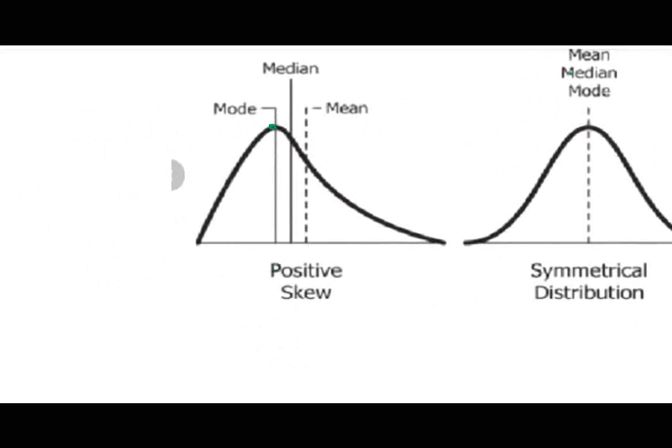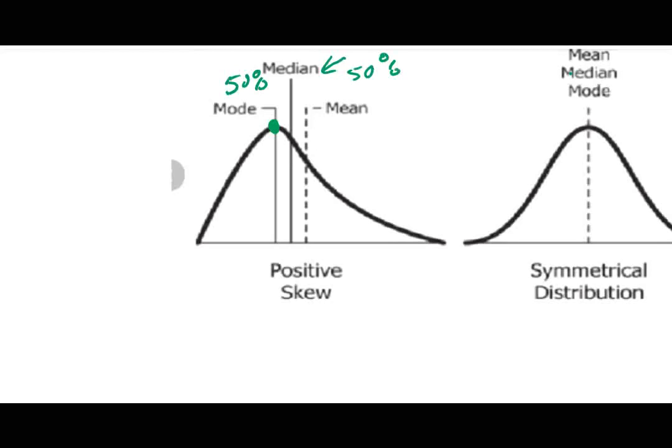So my most common value, because that's why it's at the peak, is the mode. That's the most frequent. Median is the value that separates the top half from the bottom half, so 50% below the median, 50% above the median. And then my mean is what we refer to as my arithmetic average.